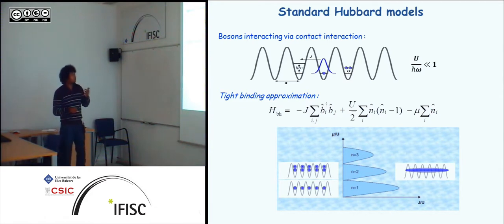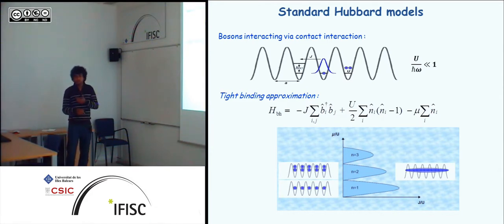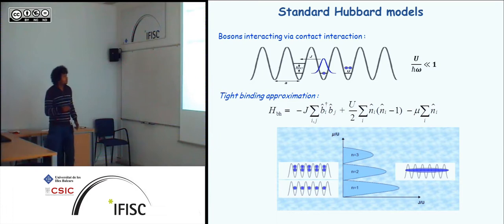And the assumption which goes into this, when we write this, is this. Think of these as small, local harmonic oscillators. Then they have energy levels, no? And the assumption is that this interaction is not so large that these two atoms don't want to be in the lowest level, but want to go to the higher level.